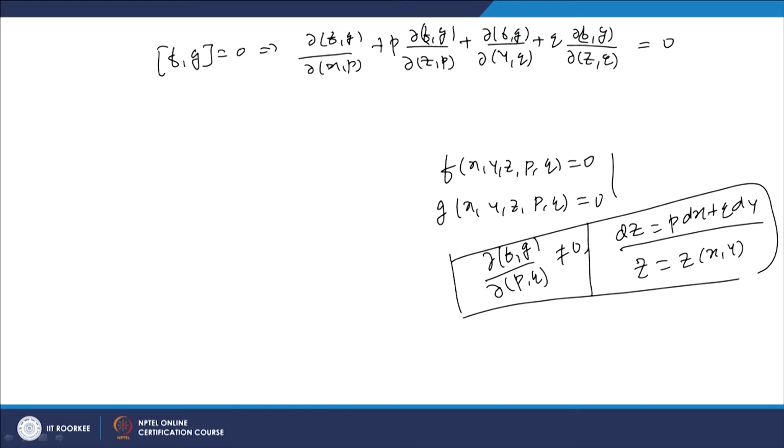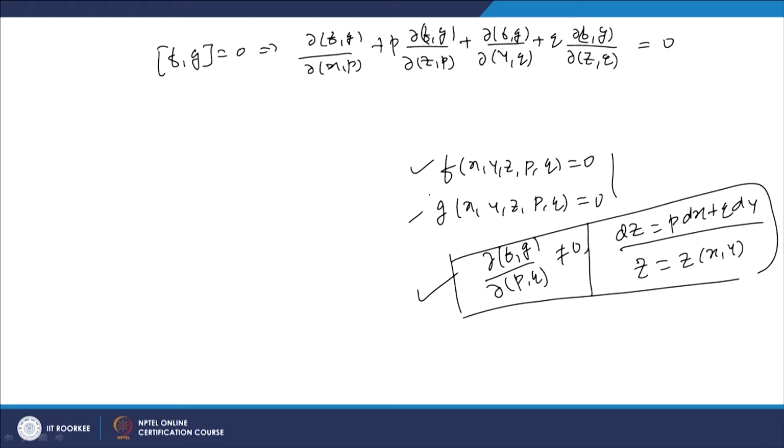Then we also discussed the procedure of, in place of writing these two conditions separately, simply looking at the equations f and g to see whether we can find a common solution.